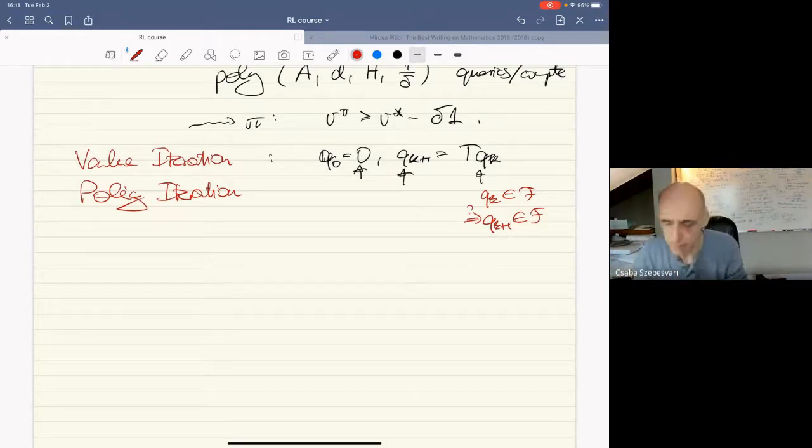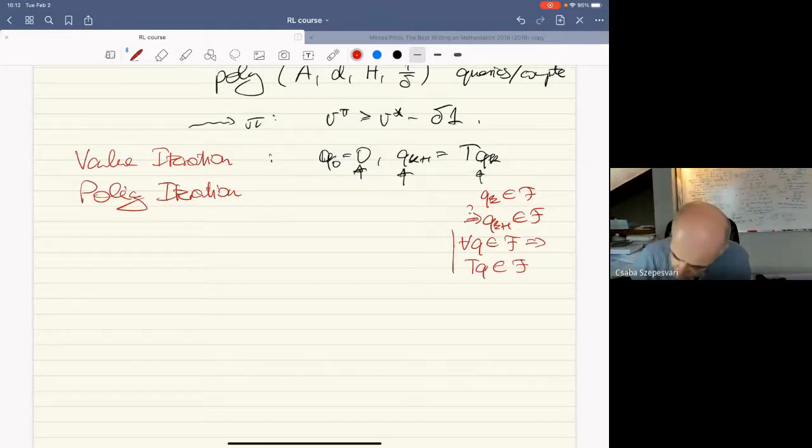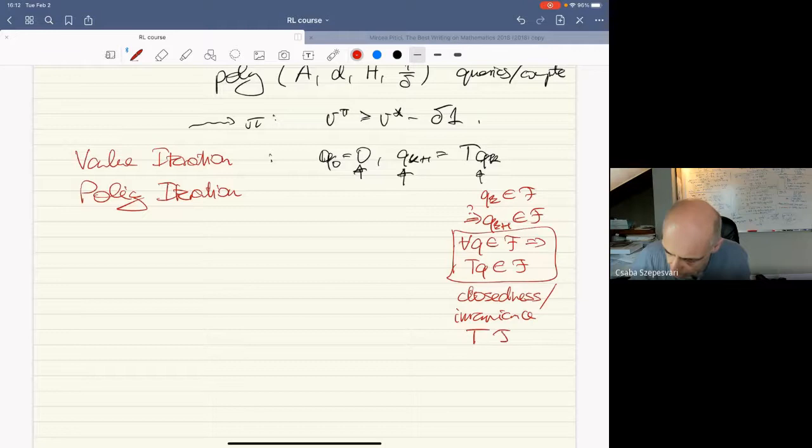The best would be if this holds for any function from F. So if for all Q in F, it holds that TQ is also in F, that's called closeness, or invariance. We also write it as TF, which just means applying the operator to every element of this set. So operators can be applied to sets like that. TF is a subset of F.